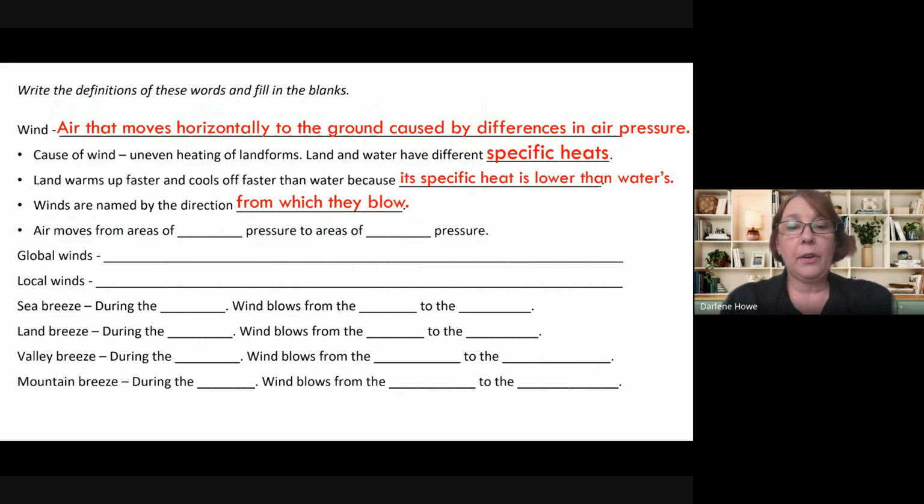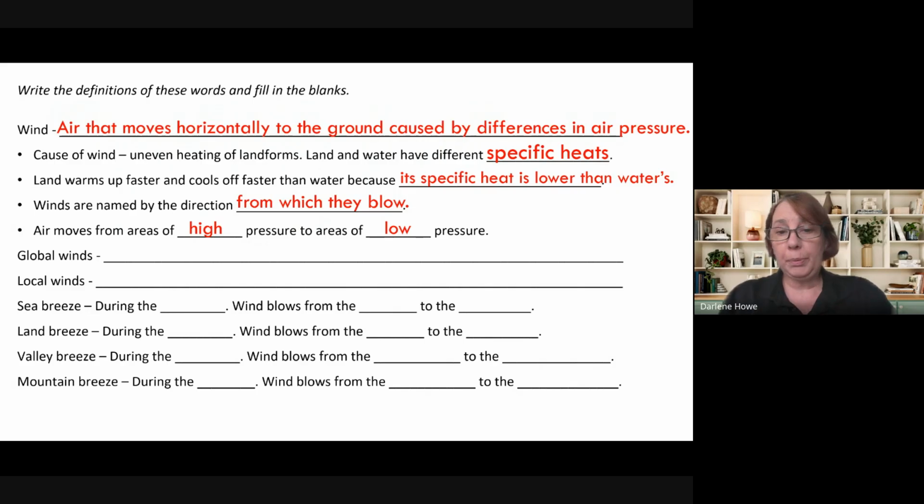Air moves from areas of blank pressure to areas of blank pressure. Remember this always, from high pressure to areas of low pressure. High pressure is cooler air. It's high pressure because it's higher density. It's more compacted. It's squeezed together.